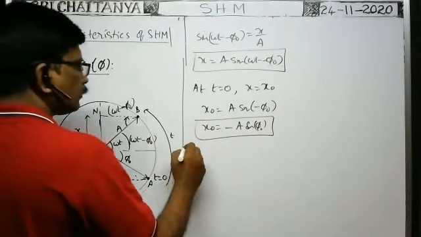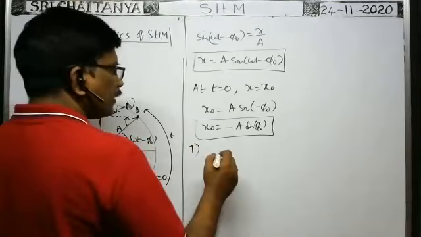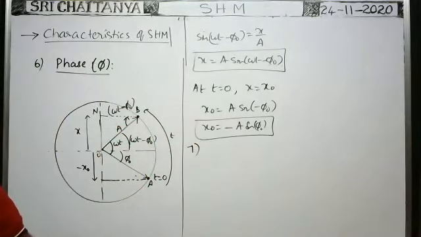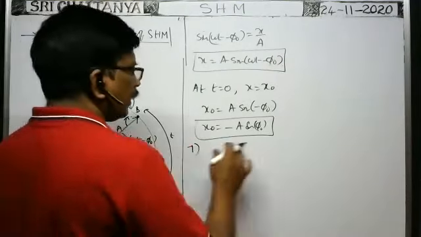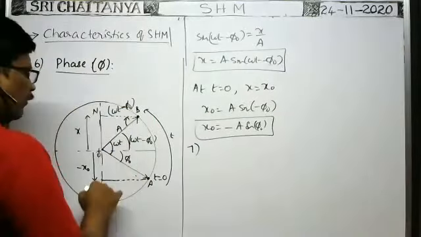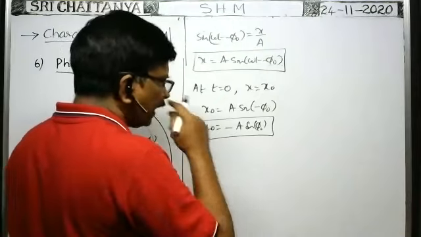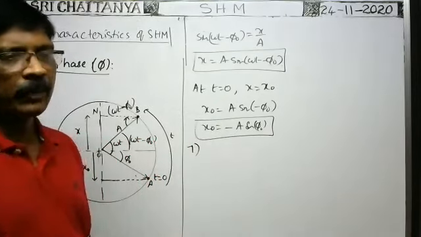Okay, next. Whenever the particle is in SHM, the particle has kinetic energy as well as potential energy. Because whenever the particle travels along the straight line in SHM, at different points the velocity of the particle is different.